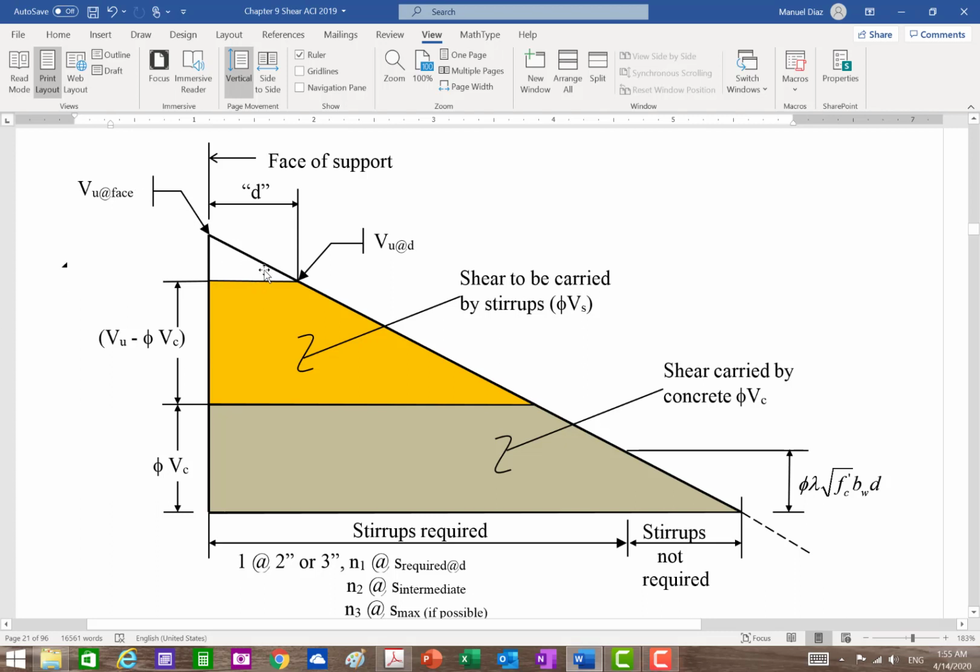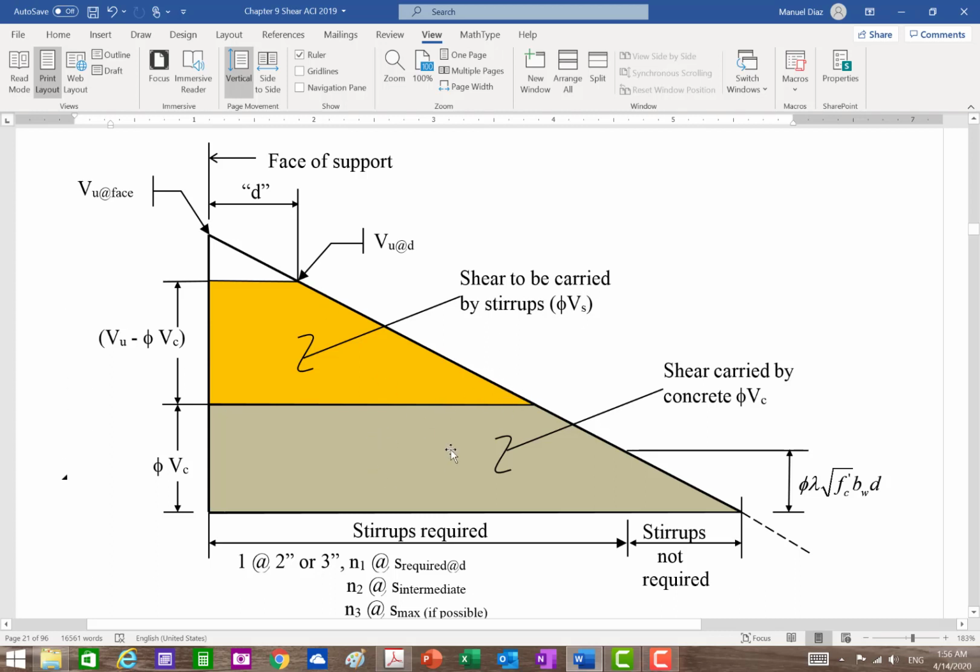There is a Vu, and every line here is a Vu, because this is your Vu shear diagram. This is the half of the shear diagram for a uniform load. This portion right here is what the concrete can do, and the difference has to be taken by the stirrup.